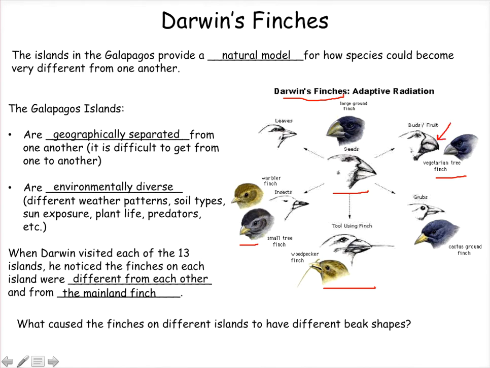We can compare it to some of the finches on a second island where you see a thinner beak shape, and here a very small beak. And so not only are they different from each other, but again, all of these beaks are different than the original mainland finch.